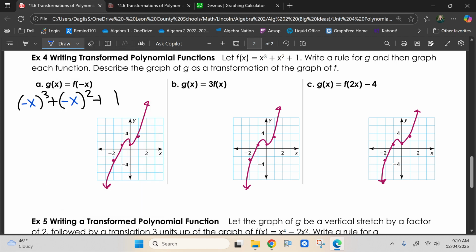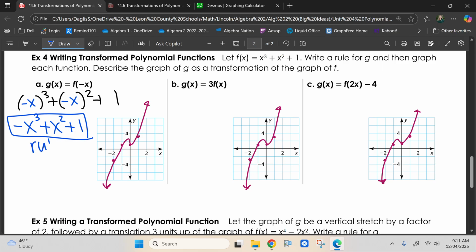That's what it wants me to do. So what is negative x cubed? Well, that becomes negative x cubed. How about negative x squared? Positive x squared. And then my plus 1, is that going to change? No.